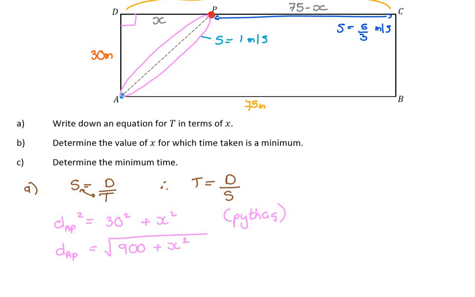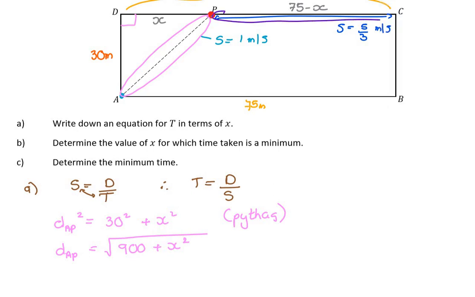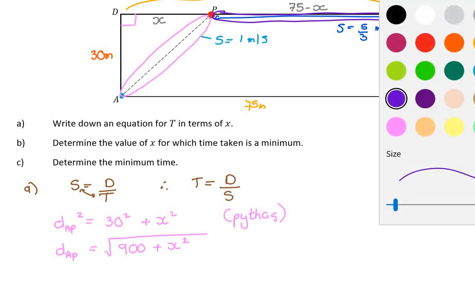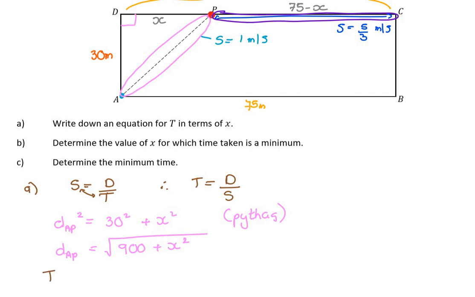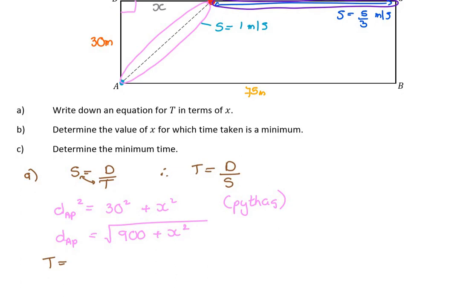So therefore, when I use my time in a second, I'm going to go distance divided by speed. I already have the distance for the second part of the journey. Let me use this one, which is there, because that's 75 minus x. So it is fairly easy for me to figure out the total time. So I'm going to say time. Now, don't forget it's distance divided by speed. So for the first, distance from A to P is equal to the square root of 900 plus x squared.